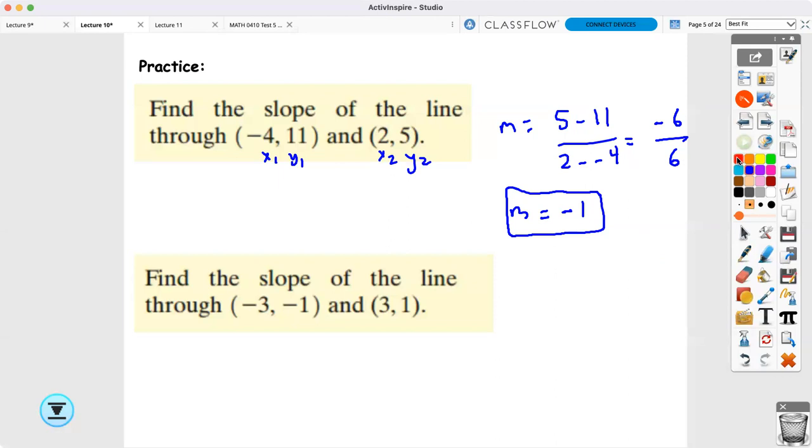All right, guys, okay, there you go. Okay, so I did get 2 answers and I just want to talk about how do you go from one to the other. So I got M equals 2/6, M equals 1/3.